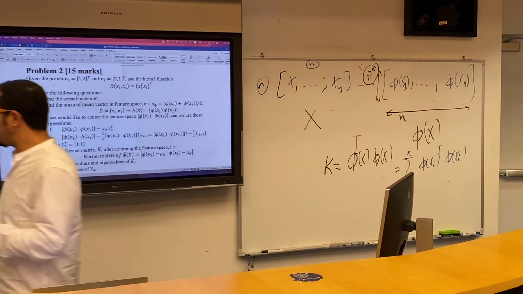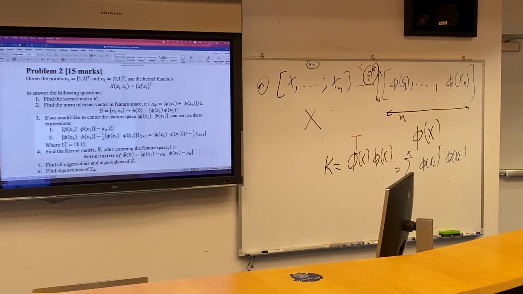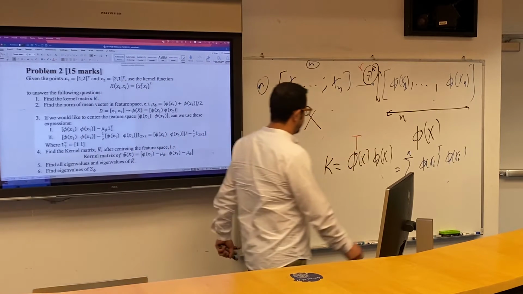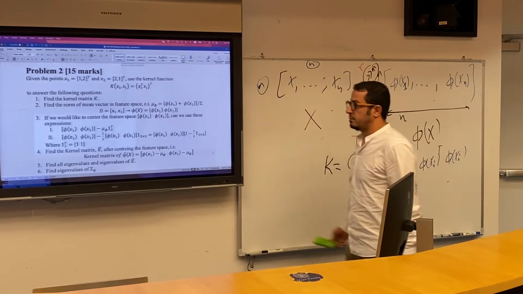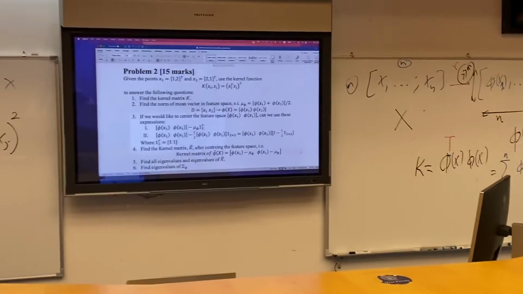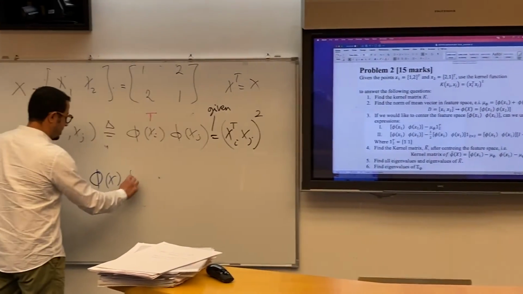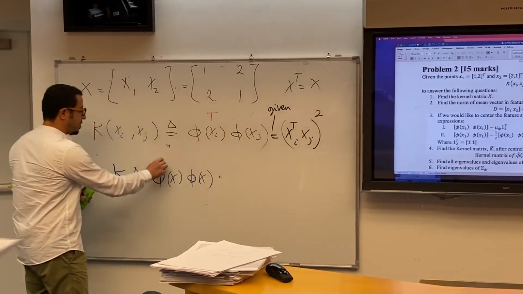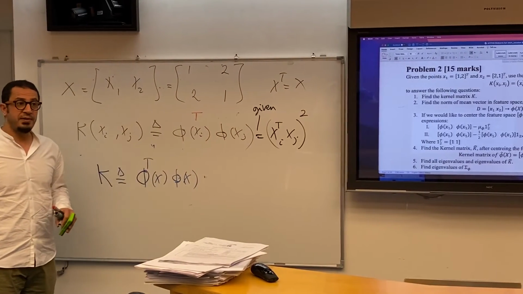So in our case, what will be here? What will be the kernel here, please? Phi X transpose times phi X. We transpose the first one, right?